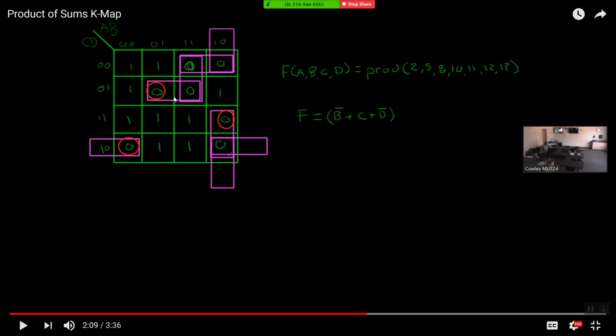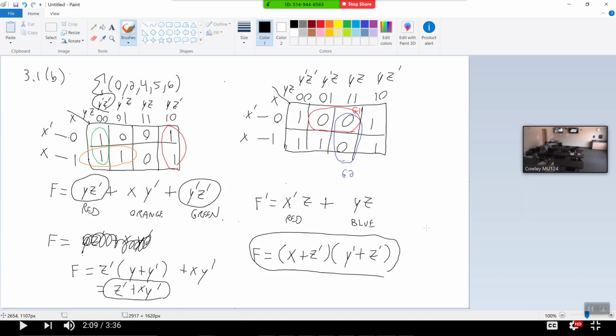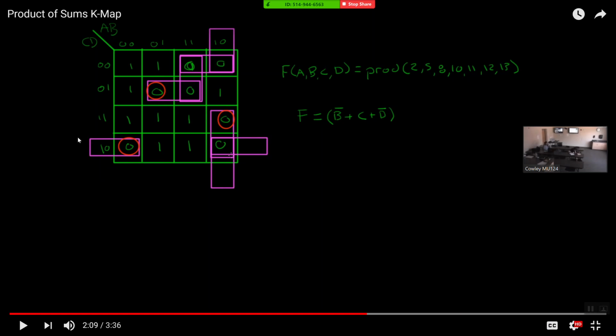And D is equal to 1, so you put D prime down, or the complement of D. Over here we said X prime is 0, didn't we? This was C is equal to 0 here, isn't it? But what did we put? C. So it flips around.